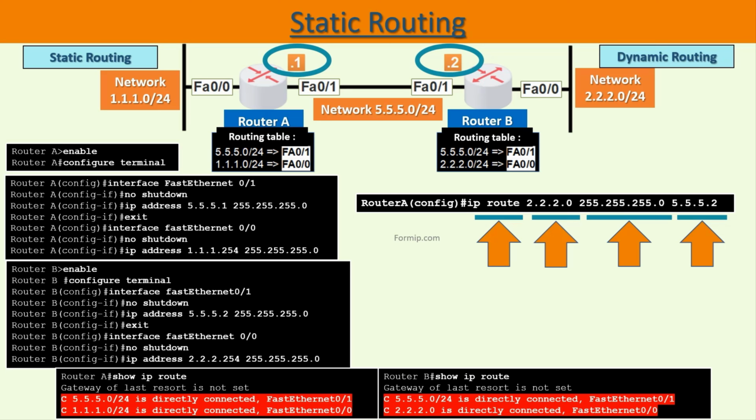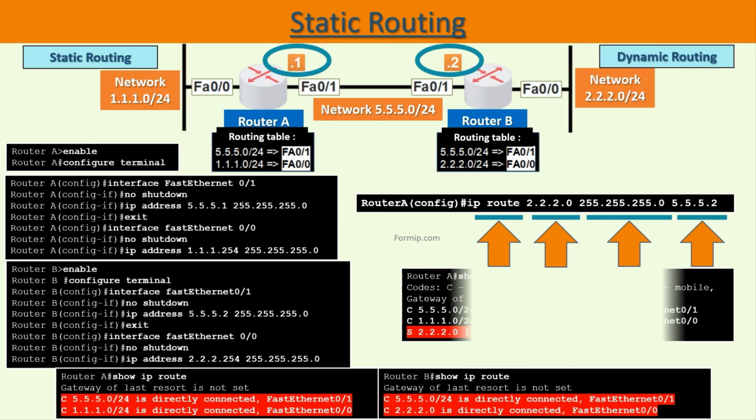This is basically where we want to send traffic. So basically, I tell router A that as soon as it receives frames for network 222.0, it transfers them to the 0/1 interface of router B. And since this network is directly connected to it, there will be no problem.